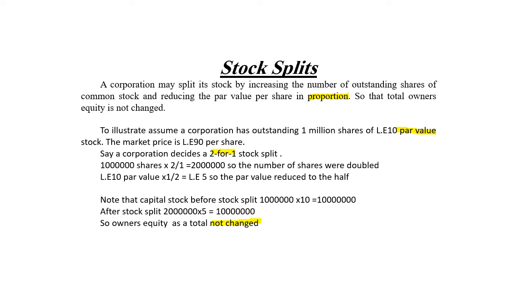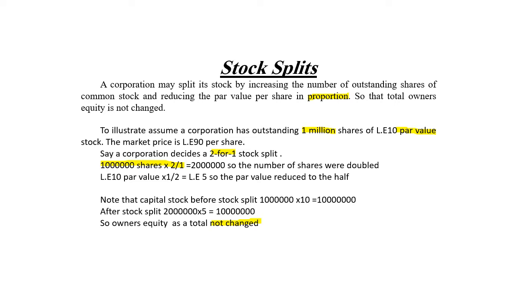The number of shares outstanding, 1 million shares, will be multiplied by 2/1, because the stock split says it's 2-for-1. I multiply the number of shares by 2/1. I get 2 million, the number of shares was doubled.